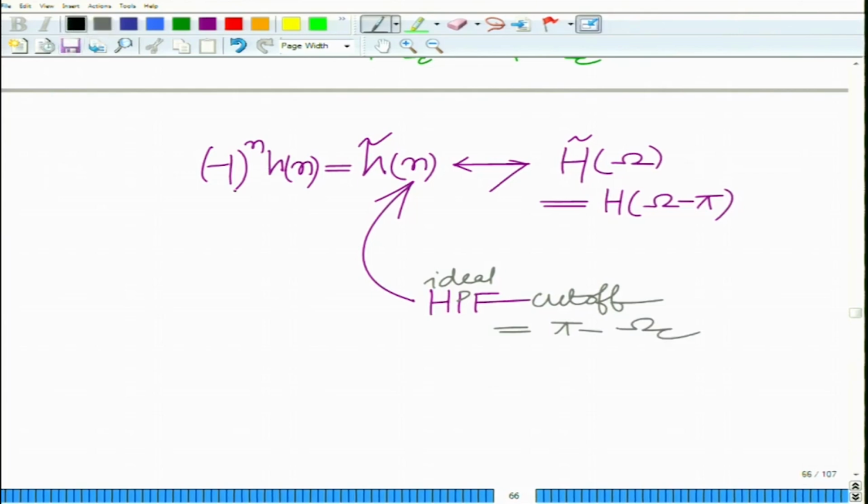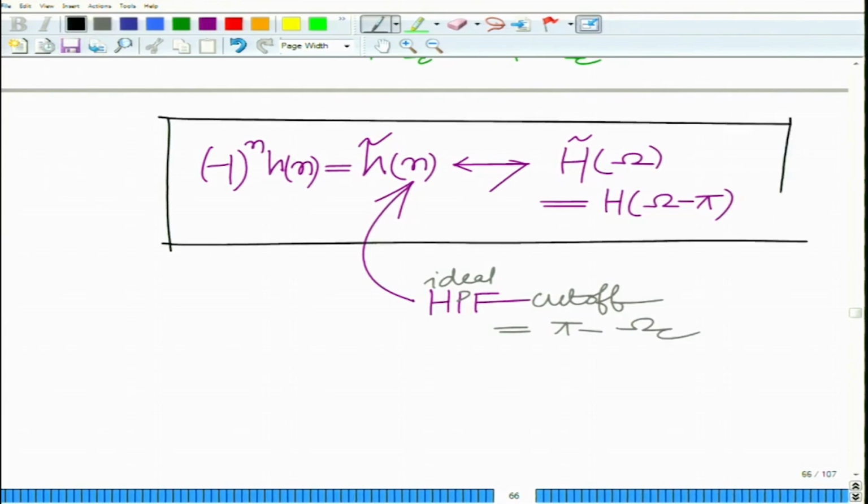So, that is what we are able to show, alright.